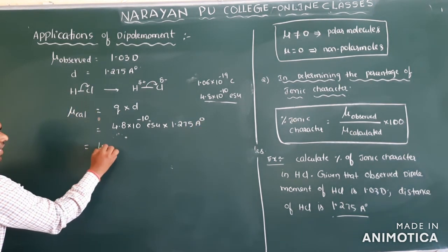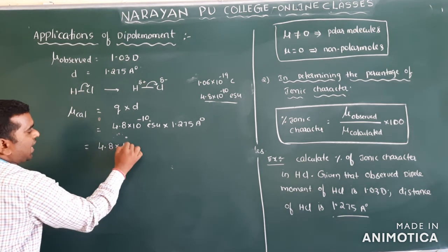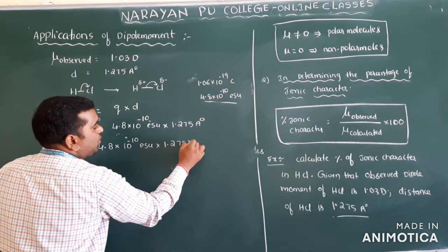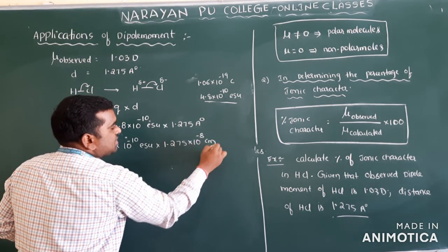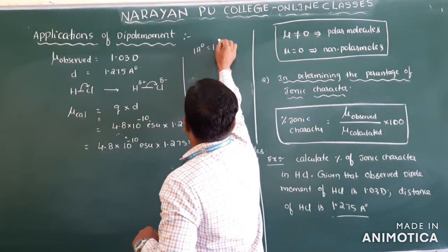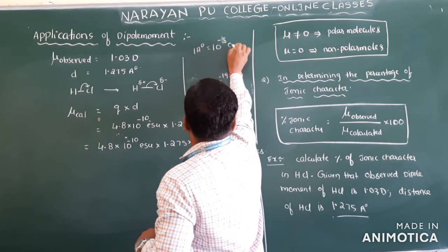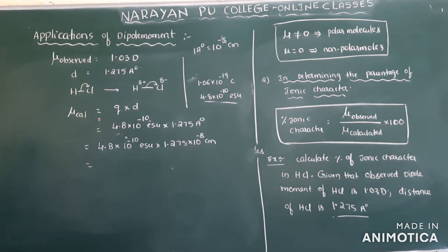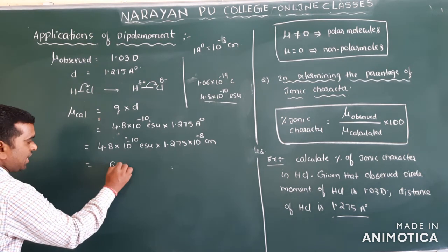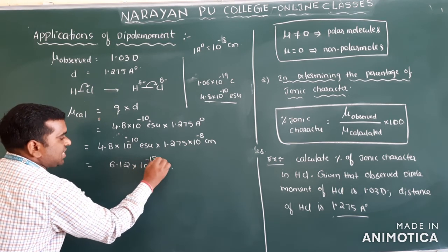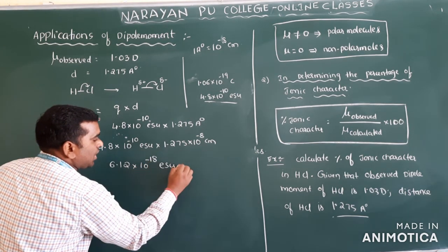I can write 4.8 into 10 power minus 10 ESU into 1.275 into 10 power minus 8 centimeter, because you know 1 angstrom is equal to 10 power minus 8 centimeter. If you multiply 4.8 into 1.275, you get 6.12, into 10 power minus 10, 10 power minus 8, that is 10 power minus 18. What are the units here? ESU and centimeter.